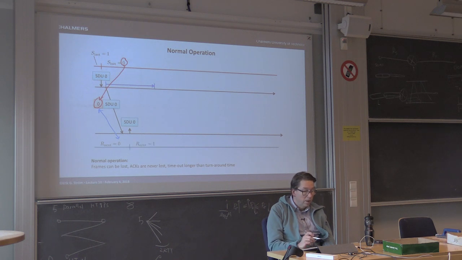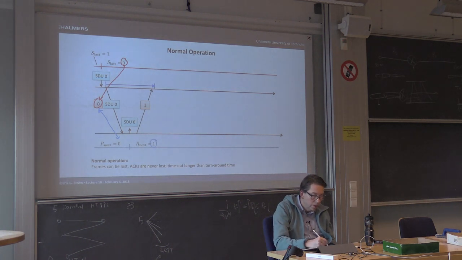But before sending the acknowledgement, we just previously expected frame number 0, but now we have received frame number 0, and therefore now we expect to see frame number 1. So R next goes from 0 to 1 exactly at this point in time. And that is then included into the acknowledgement.